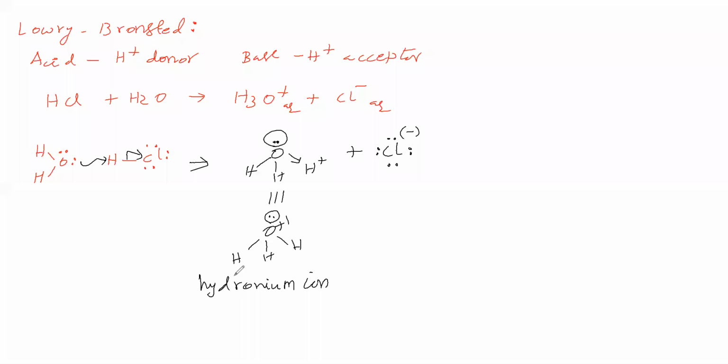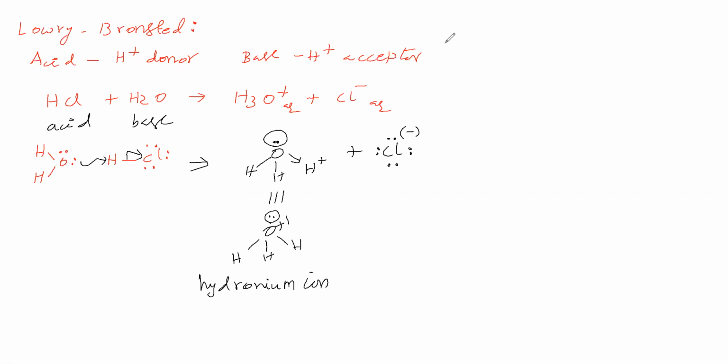Now HCl on dissolving in water gives hydronium ion and Cl minus ion. This HCl gives H plus to water, therefore HCl is acid. Water takes H plus from HCl and becomes H3O plus, therefore water is base.